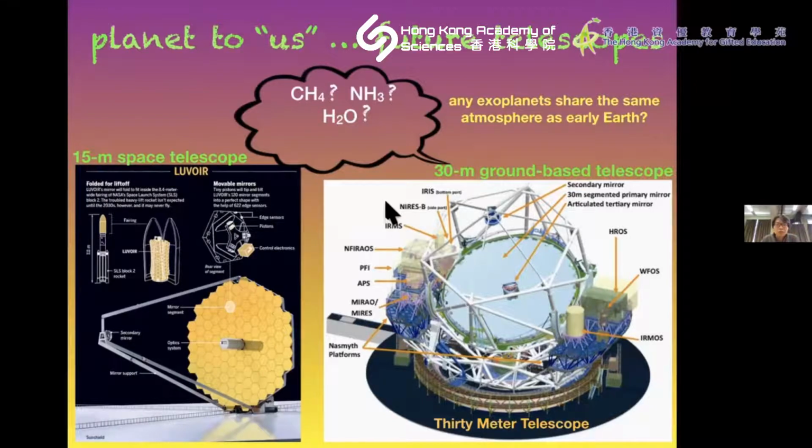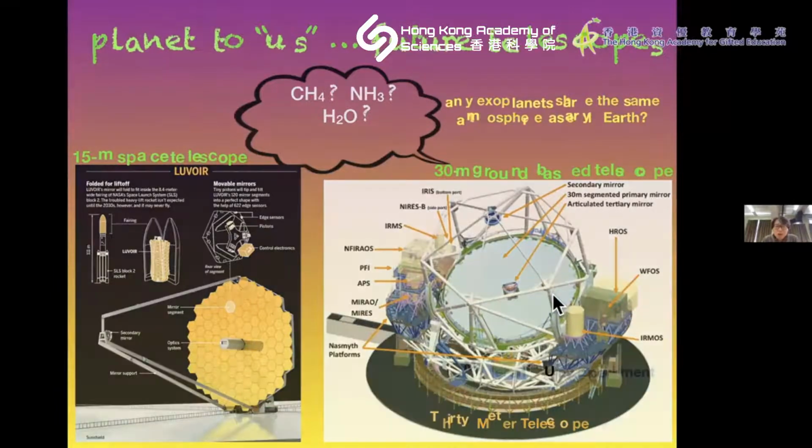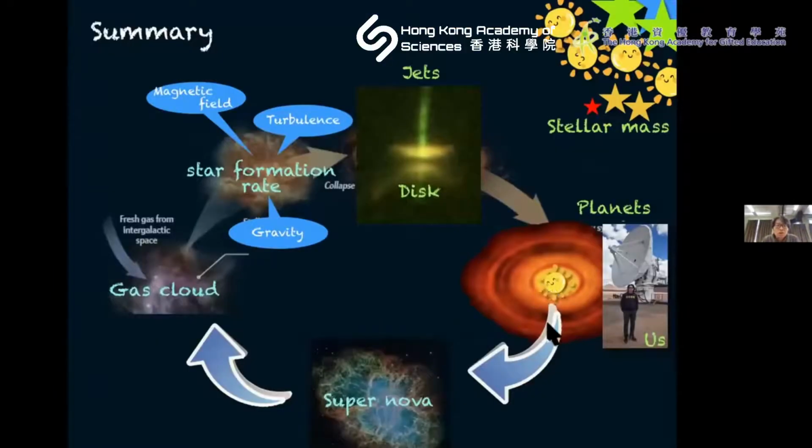We know very well once a star is born, how it is going to get old and die at the end. But on the other hand, how stars are born from molecular clouds is still a big question. But at least we know that magnetic field, turbulence, and gravity certainly play a role.